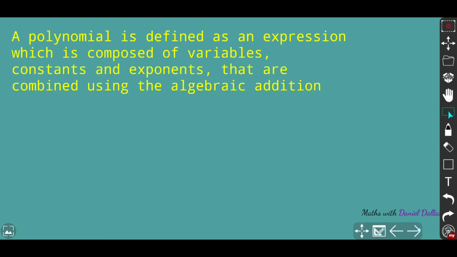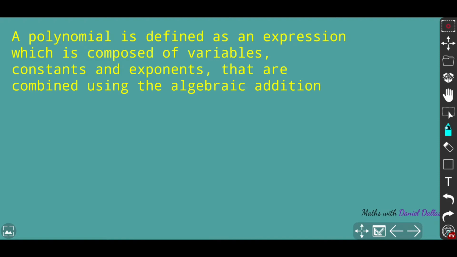Okay. So, a polynomial is defined as an expression which is composed of variables, constants, and exponents that are combined using algebraic addition. So what do they mean by saying an expression composed of variables, constants, and exponents?